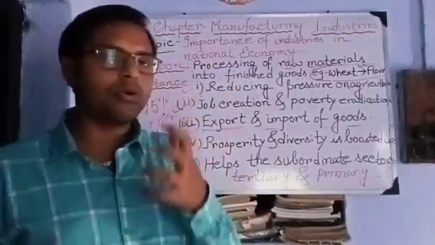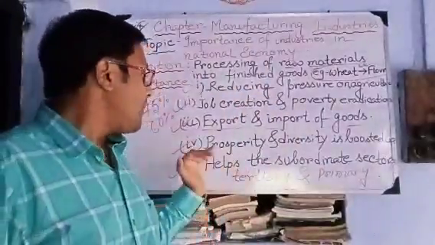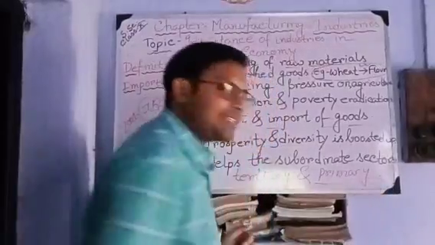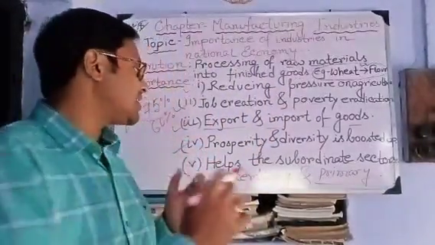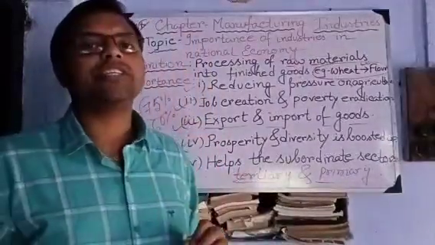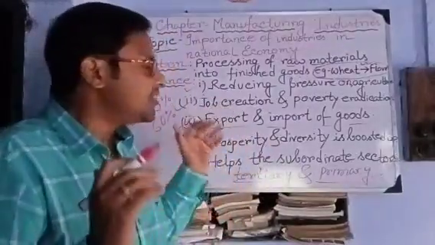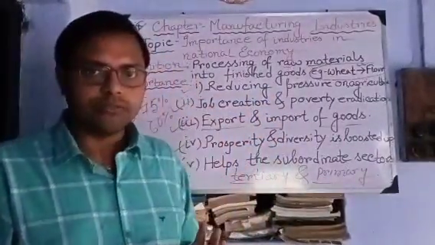Food parks are being established based on manufacturing industries. So manufacturing industries help primary sectors of economic activity like different types of agricultural systems, as well as tertiary sectors like banking, transport and communication. All these activities are directly or indirectly dependent on manufacturing industries.